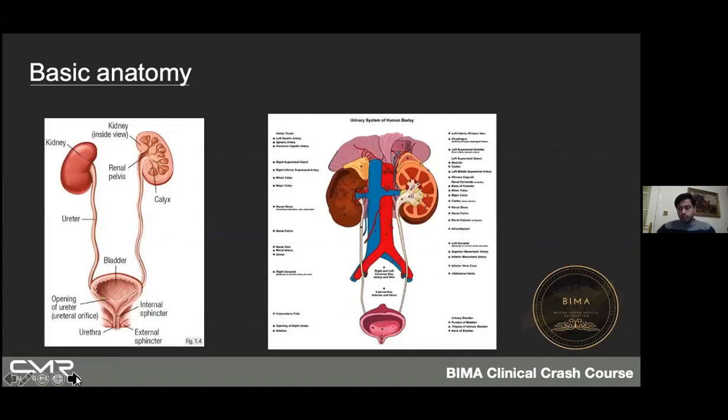So here, as you can see, there's two pictures of the urinary tract, and I think it's very important that we just discuss a little bit of anatomy before we get involved with the hardcore theory. So obviously the urinary tract is made up of two kidneys, two ureters, which are then connected to the bladder.